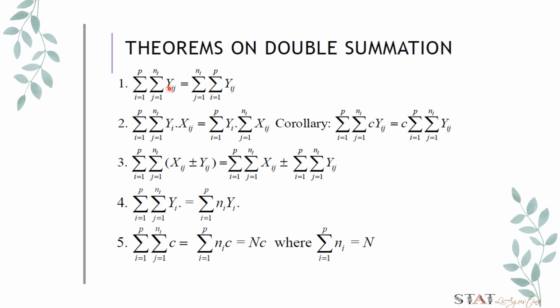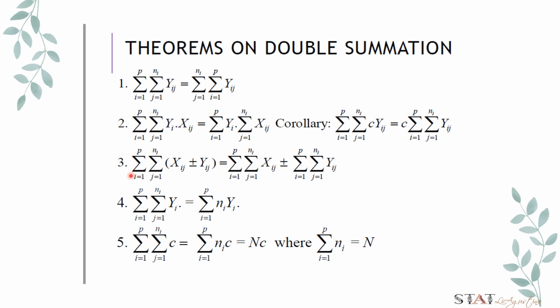Even if you alter it, just like what we did in the previous example, they will just be equal. And also, we have the double summation of yi multiplied to xij, where j ranges from 1 to ni and i ranges from 1 to p, is also equal to grouping it according to their index: summation of yi, where i ranges from 1 to p, multiplied to summation of xij, where j ranges from 1 to ni.